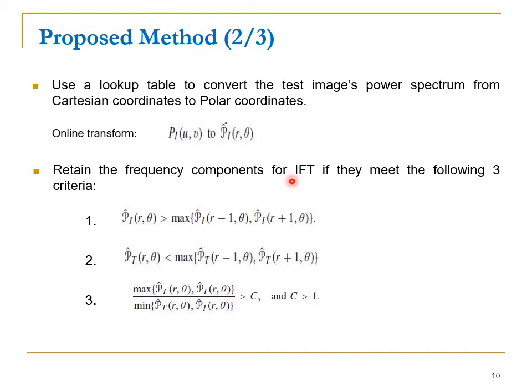If they meet the following three criteria, then they are to be retained. Number one is that the power of the test image should be such that that location is a local peak. If the power is greater than both of its neighbors, then we have a local peak.